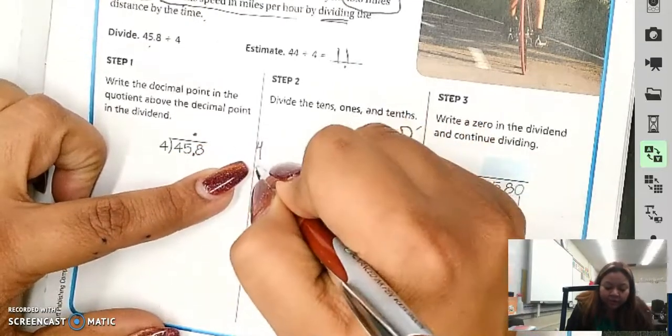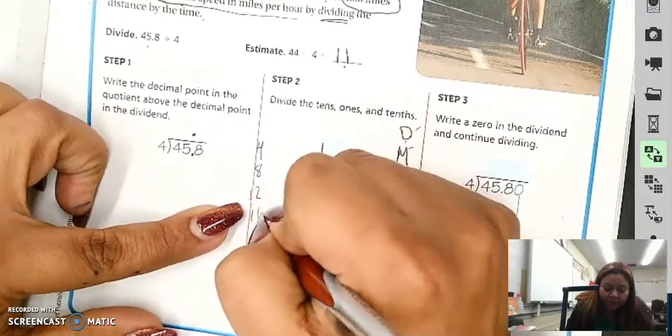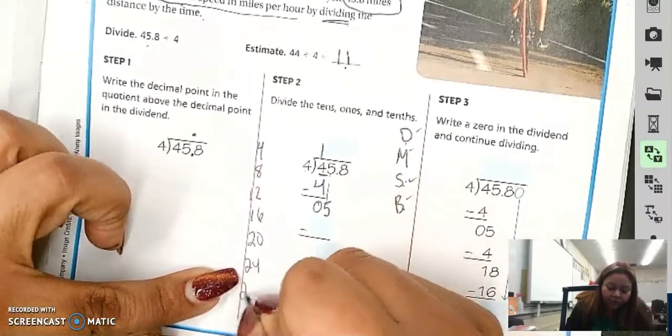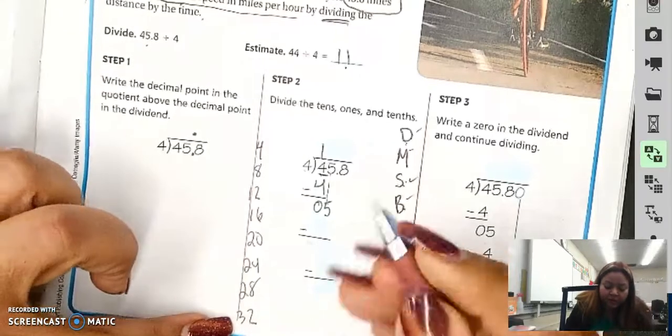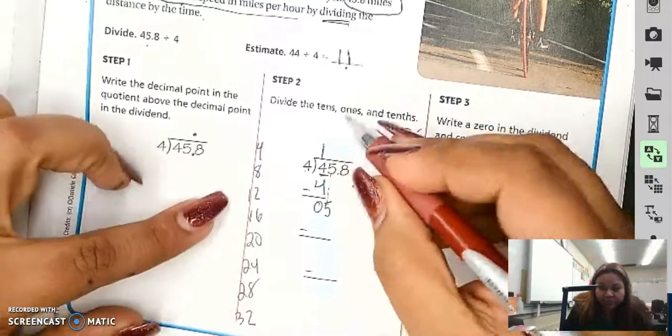So 4, 8, and then add 4, that's 12. Add 4, that's 16. Add 4, that's 20. Add 4, that's 24. Add 4, that's 28. Add 4, that's 32. And so on. I'm going to stop right there for now.